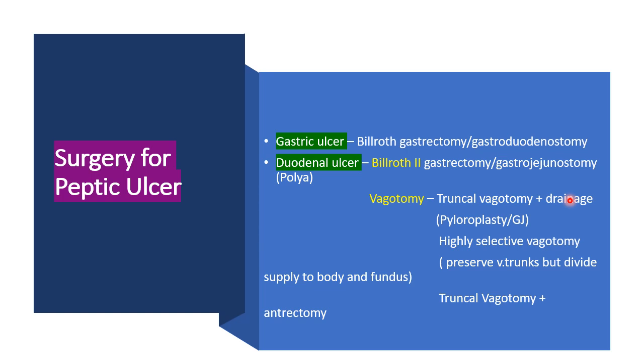The drainage procedure is normally a pyloroplasty or a gastrojejunostomy. Selective vagotomy and highly selective vagotomy, where we preserve the vagal trunks but divide the supply to the body and fundus of the stomach. The last one is truncal vagotomy with antrectomy, so as to avoid doing a bypass procedure.